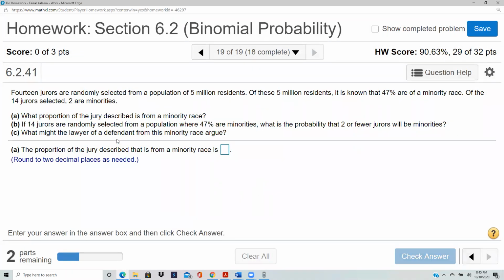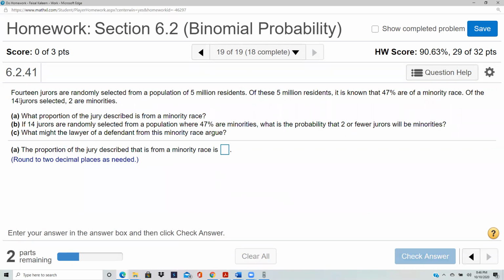Fourteen jurors are randomly selected from a population of 5 million residents. It is known that 47% of the residents are of minority race. Of the 14 jurors, 2 are minorities. What proportion of the jury is from minority? Now, this part has nothing to do with the binomial. That's just a proportion problem. So 2 are from minorities out of 14.